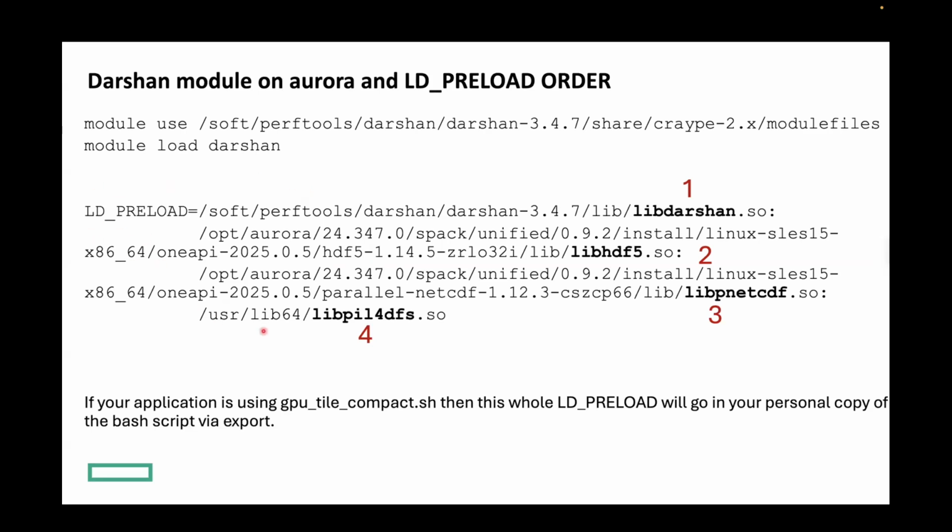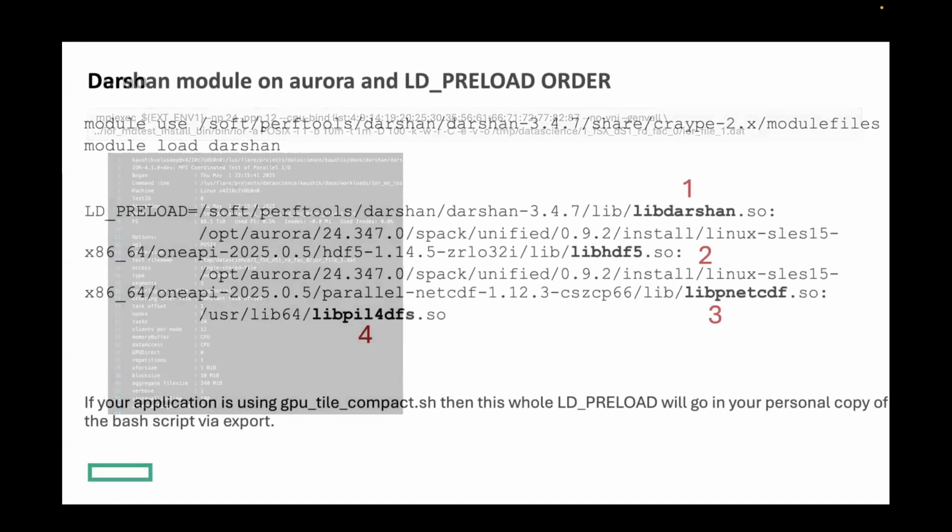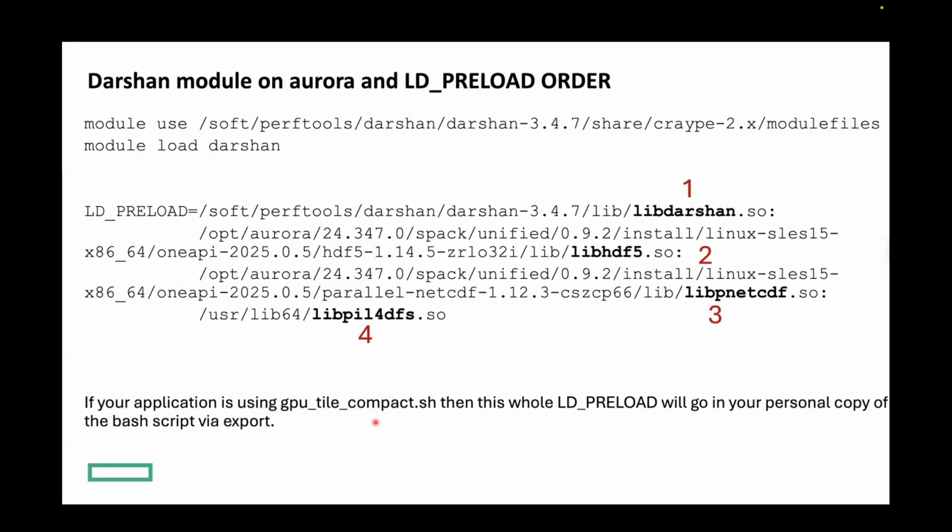This is just the ordering of the LD_PRELOAD in your mpiexec. And if you're not using Python, and you're using Fortran or C code, then all of this goes into the GPU tile compact script file that Aurora provides. You just set all these environment variables inside the script file.